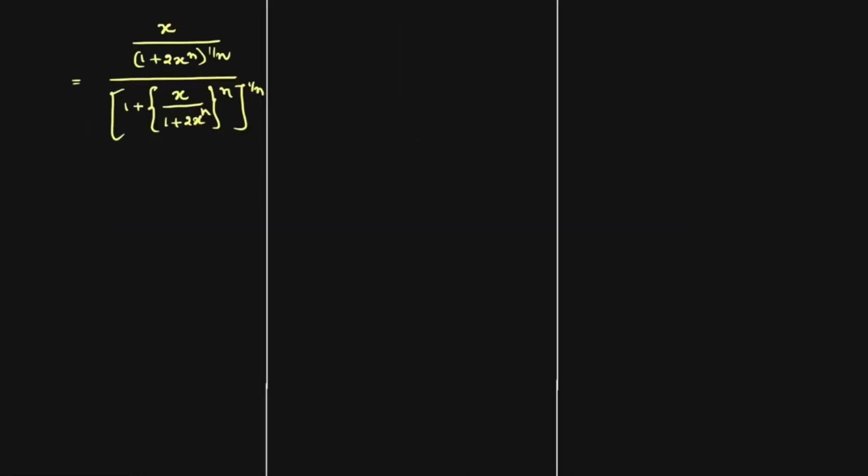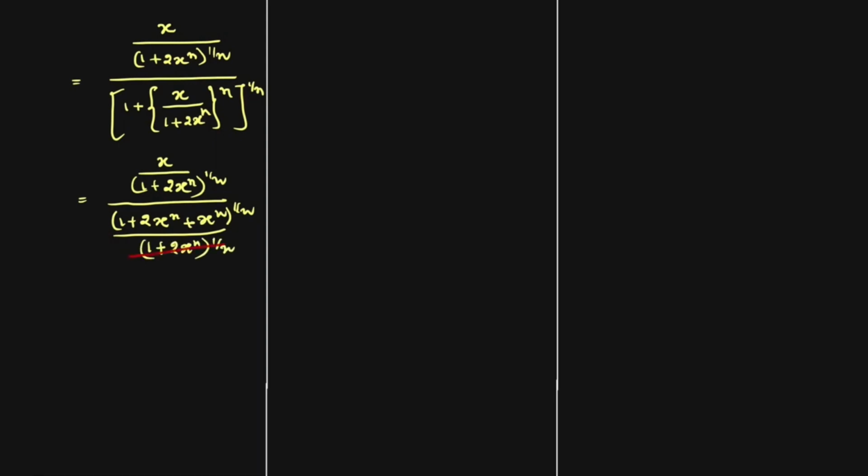If you solve this, then we will get x upon (1 plus 2x to power n) to power 1 by n divided by 1 plus 2x to power n plus x to power n, to power 1 by n upon (1 plus 2x to power n) to power 1 by n.